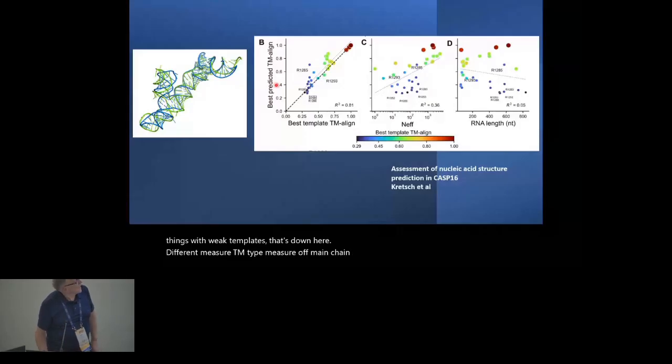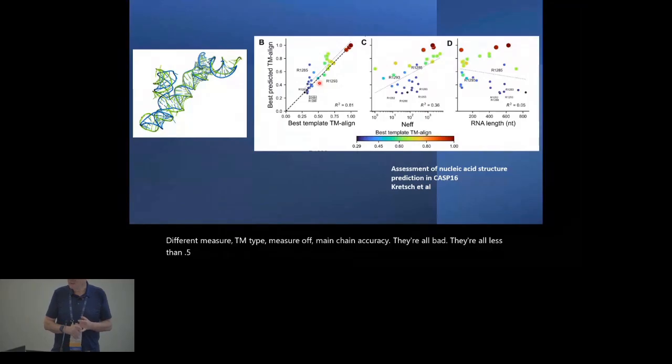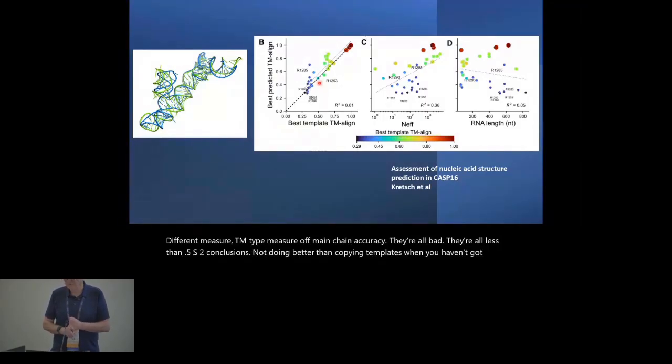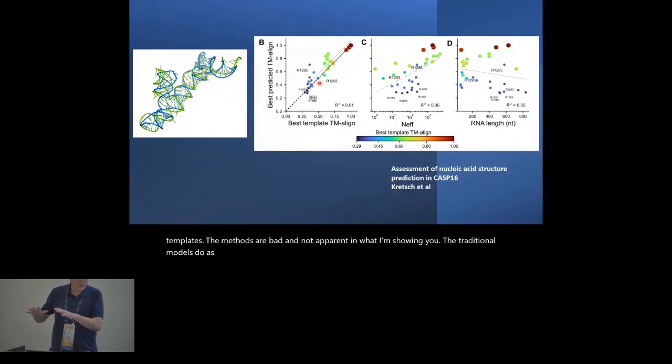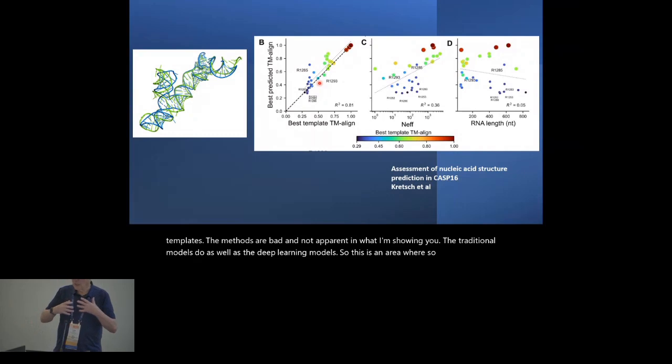They're all bad. They're all less than 0.5. So two conclusions: not doing better than copying templates. When you haven't got templates, the methods are bad. And not apparent in what I'm showing you, the traditional models do as well as the deep learning models. So this is an area where so far deep learning has not had an impact.